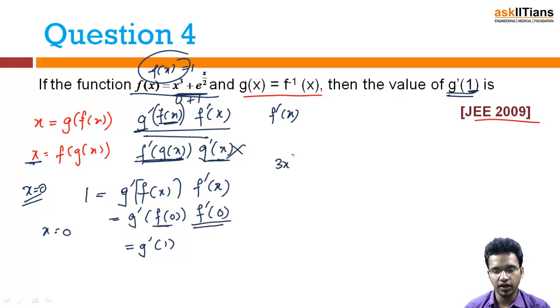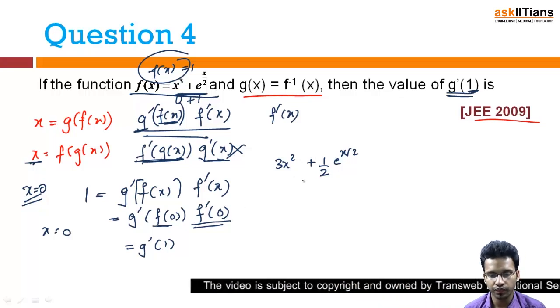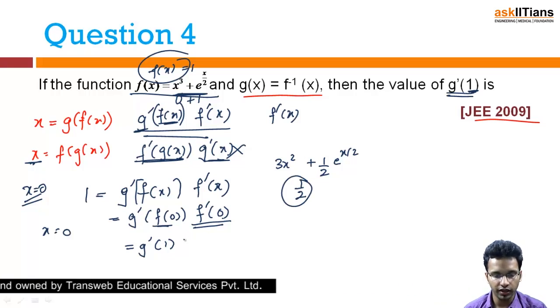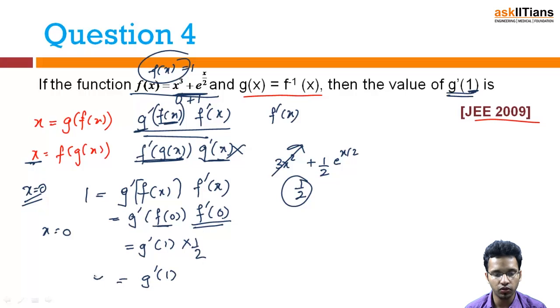This is 3x square plus half e raised to x by 2. Now these rules must have been clear by now. So at 0 the value will be half. At 0 this 3x square gets eliminated, this is half, so this will be into half. So g dash of 1 will be equal to 2.